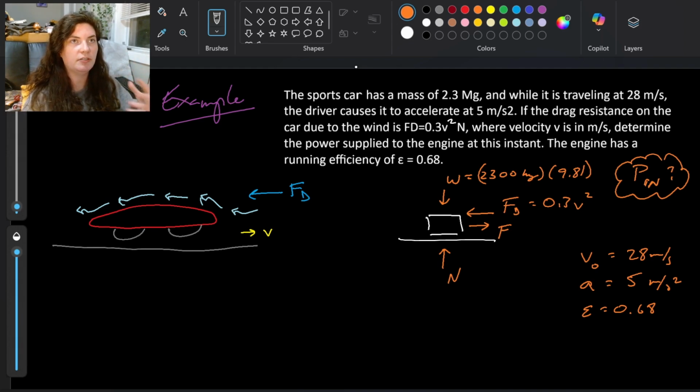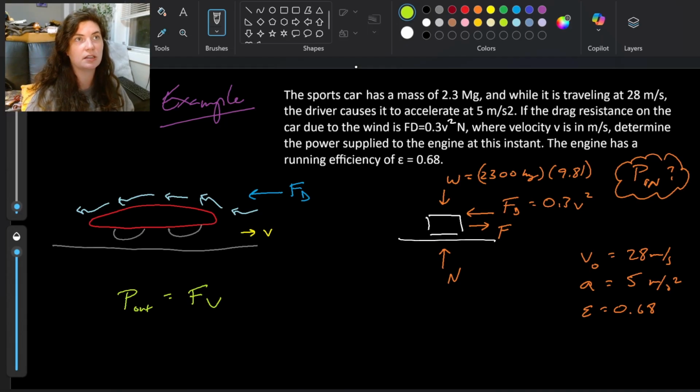So given everything that we have here, we know we're going to want to find a power, so we might as well put our power equation down here. Power, and again, this is the power out, is going to be F times V. But we don't know what F is, so we're going to need to find that F from our summation of forces.